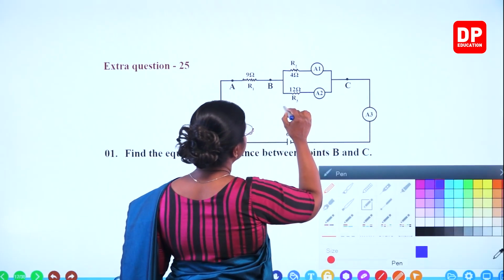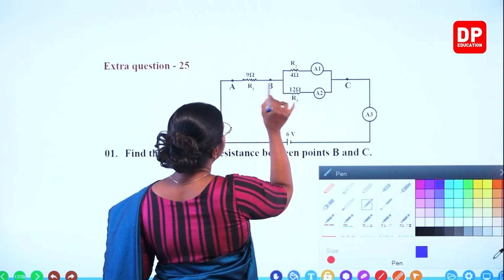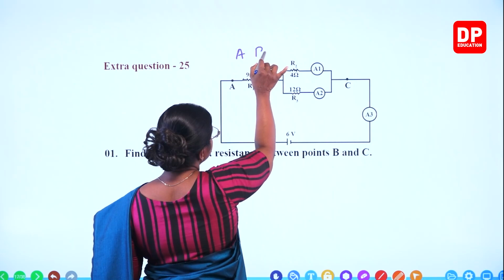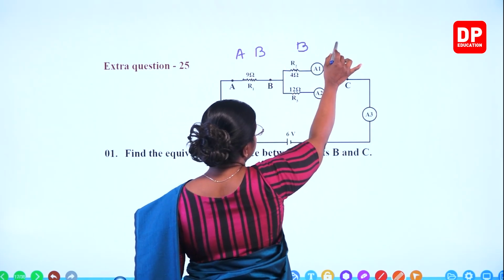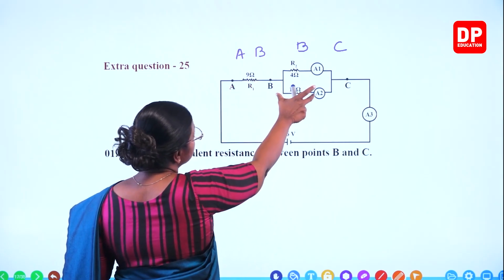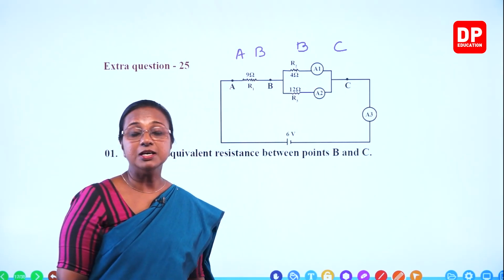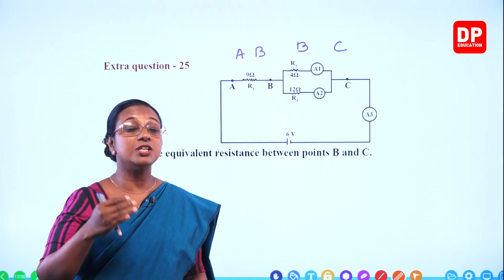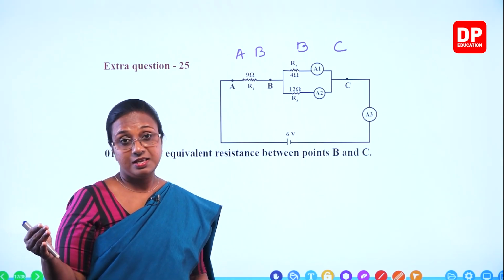Now we can see the potential difference will be distributed between points AB and points BC. Between AB there will be a potential difference, and between BC there will be a potential difference. That is how in a series combination the potential difference is divided.